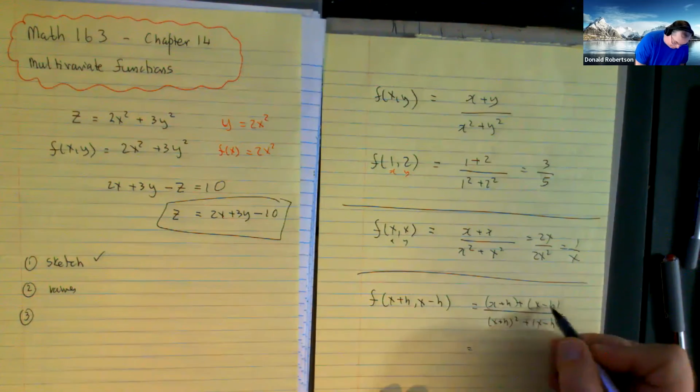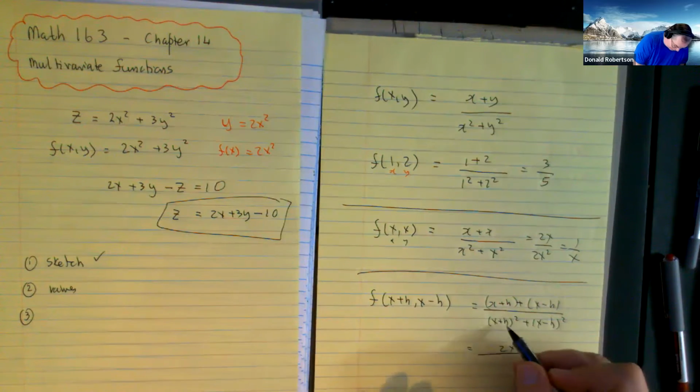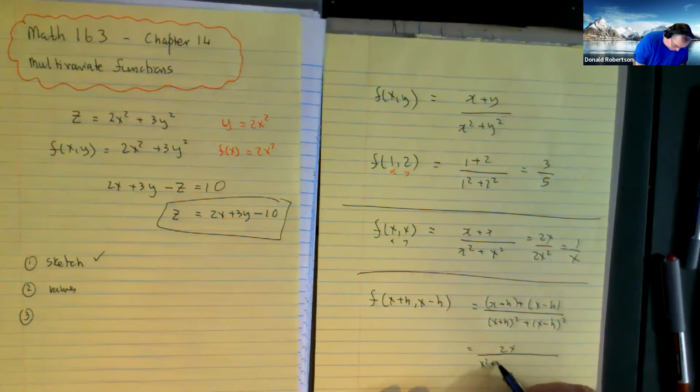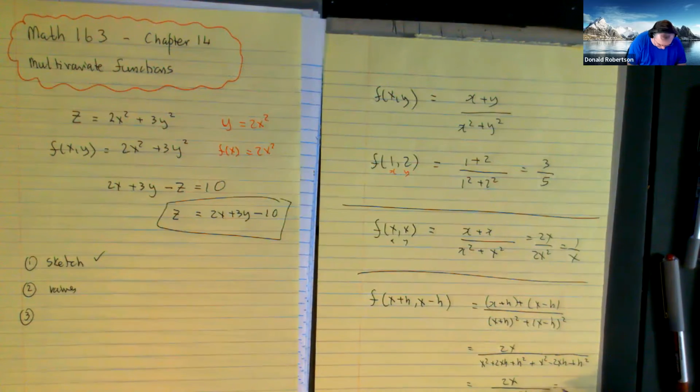And if you put them together, you end up with 2x because the h's cancel. And if you took this guy, you would have an x squared, a 2xh, and an h squared. And this one, you would have an x squared minus a 2xh plus an h squared. And so you'd have a 2x on the top, and you'd have a 2x squared plus 2h squared on the bottom. And then you could probably take out a 2, and that would be your simplified answer.